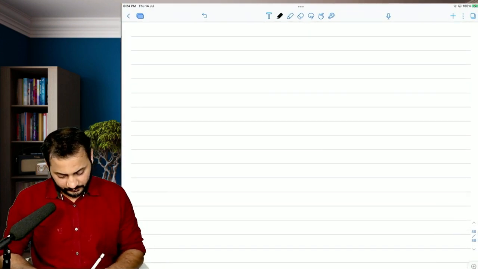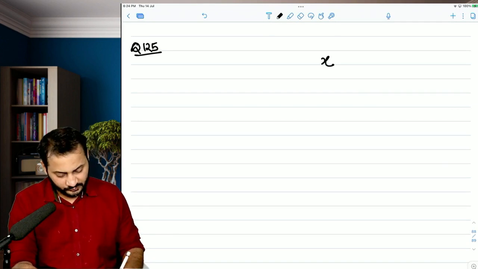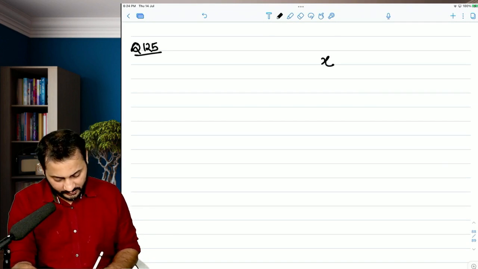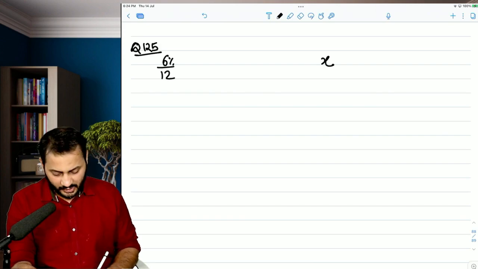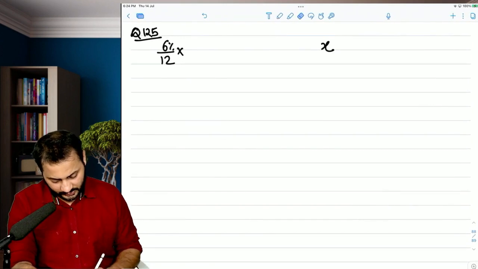Have a look. Let's say X is the face value. Okay. X is the face value and 6% is the per annum rate. And if we calculate for 45 days, we can do so.